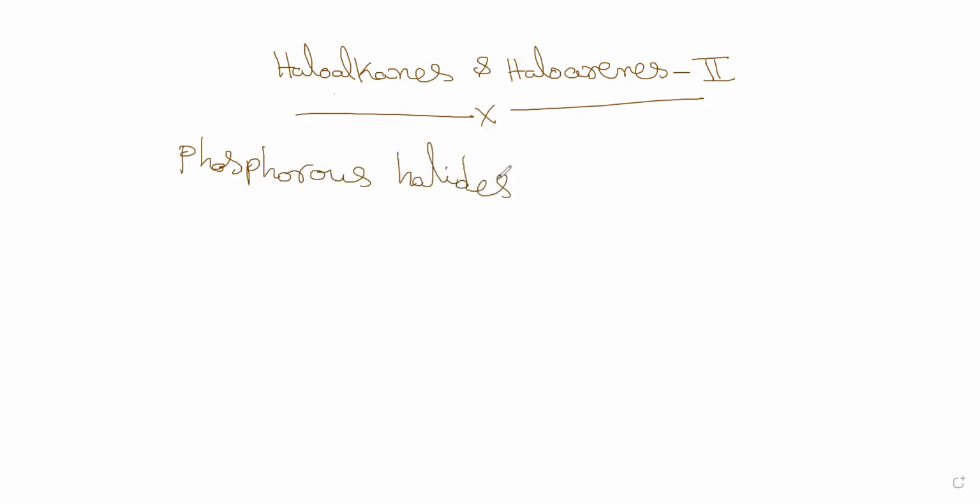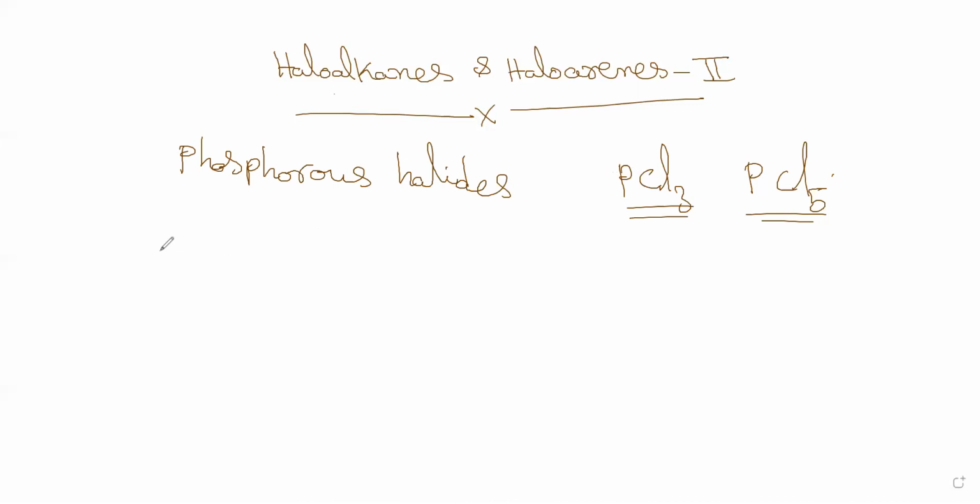Phosphorus halides are the compounds where the phosphorus is connected to halogen, like PCl3 and PCl5. Basically, these two are the phosphorus halides we'll talk about. Now, how does this reaction undergo? How does this interact? That is what we have to see.